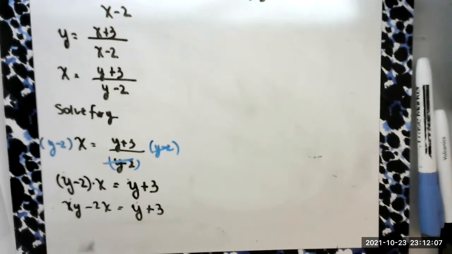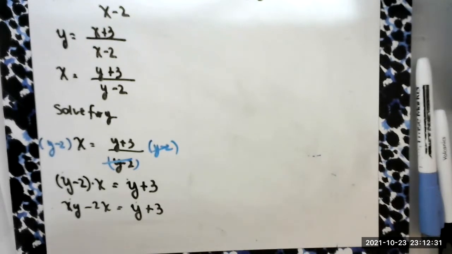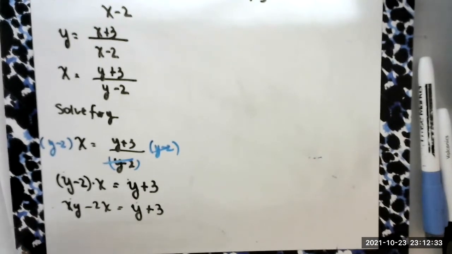You have two choices. Obviously, you can subtract xy or you can subtract y. Try to avoid the number of negatives. Notice that if I subtract here, then I have to subtract the 3 to the left. So if I move the y's to the right-hand side, I have a lot of terms that are negative, which is fine. However, let's try to avoid the negative. So in this case, it would be better to subtract the y.